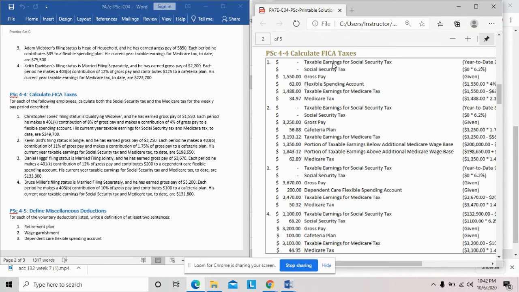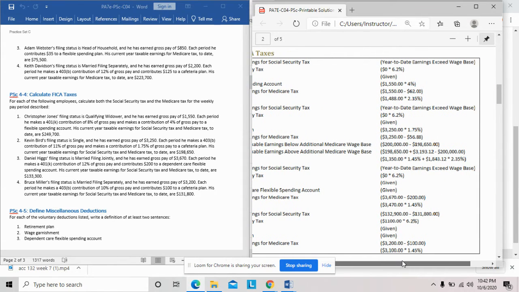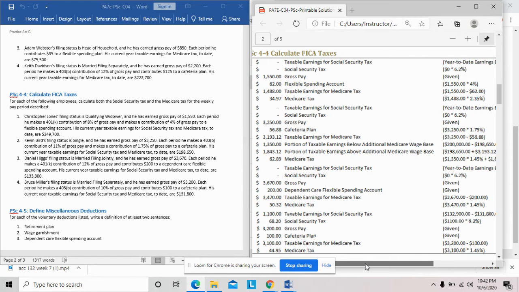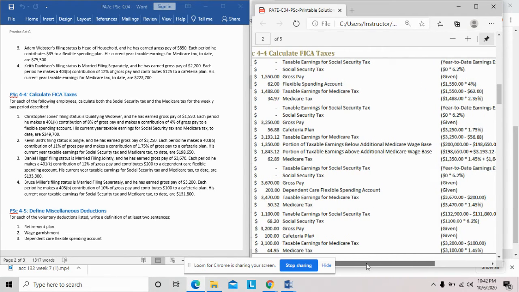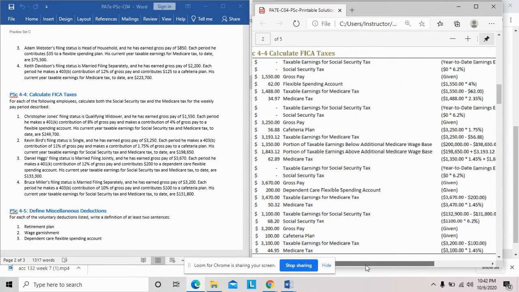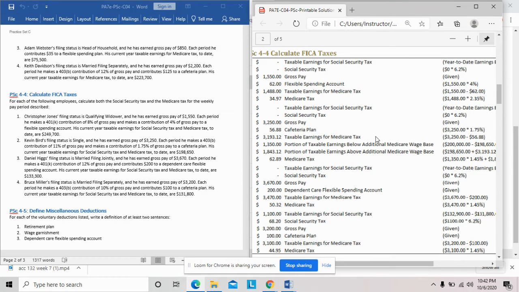So if you look here, the taxable earnings are not listed. The year-to-date earnings exceed the wage base, right? So that's not going to be listed. Social Security tax is zero because of that as well. But the gross pay given is $1,550. We multiply that by 4% to get a flexible spending account of 62.